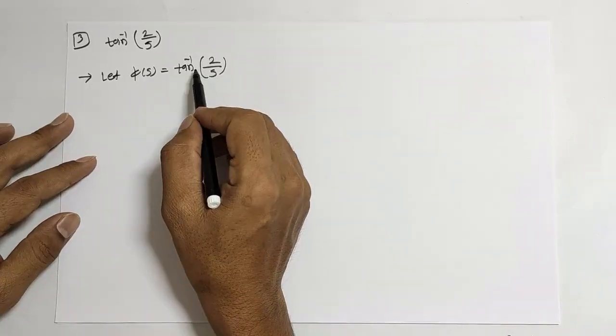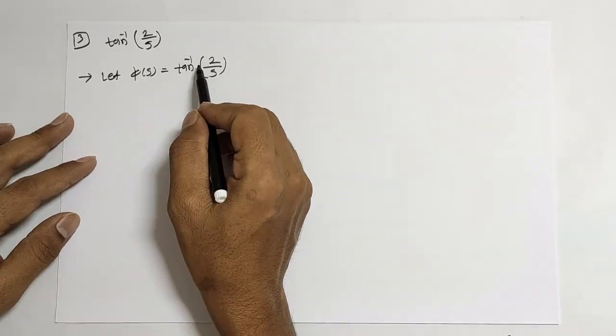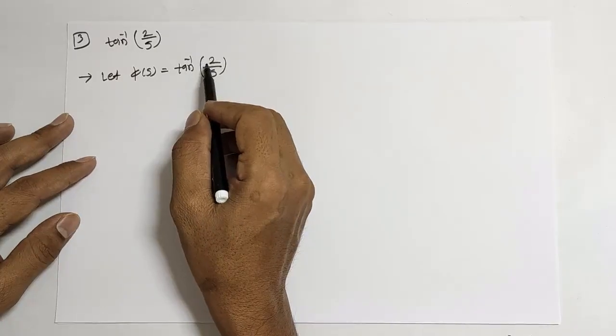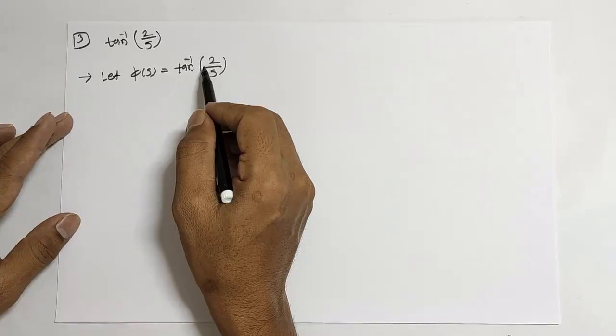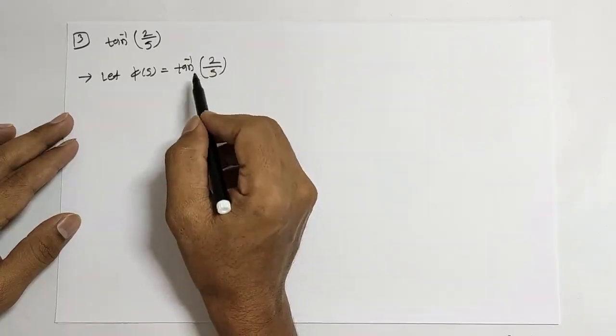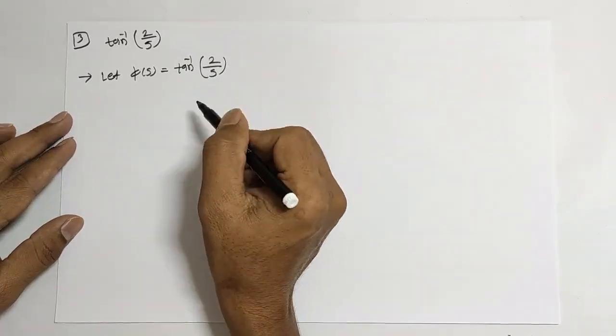Then if the question is directly tan inverse or cot inverse or tan h inverse, we have to differentiate with respect to s directly.